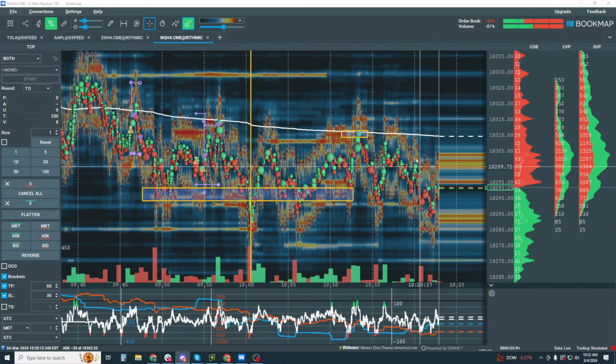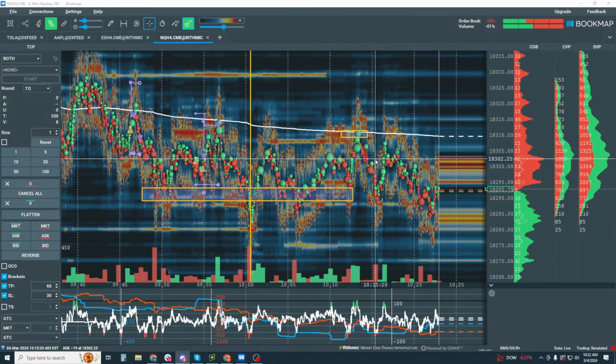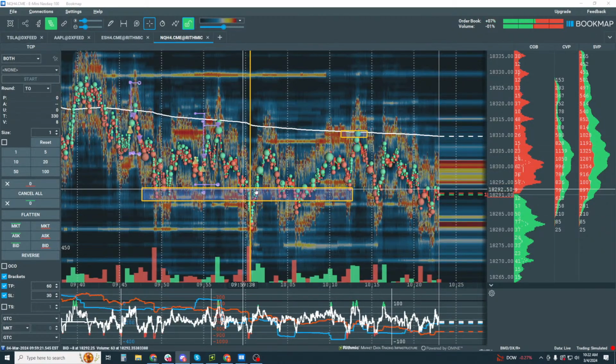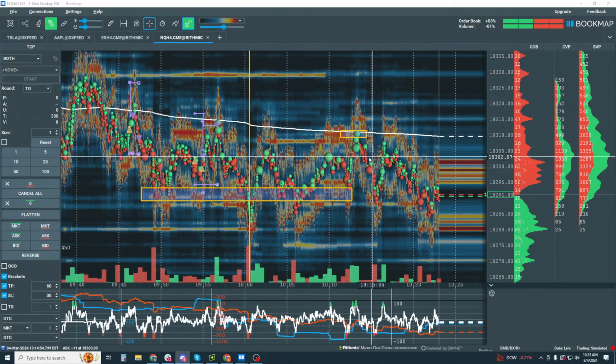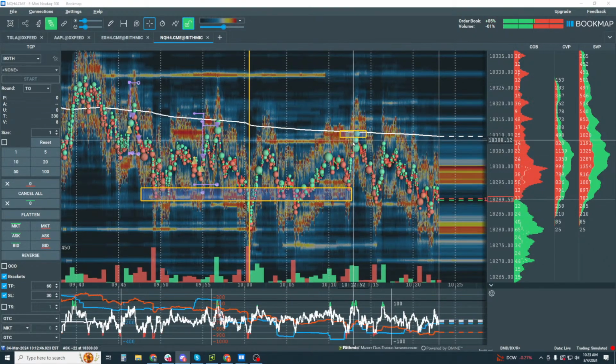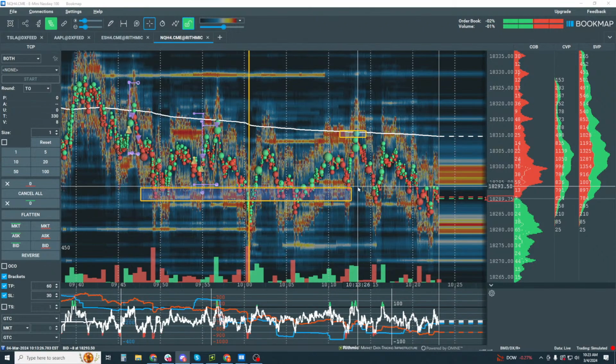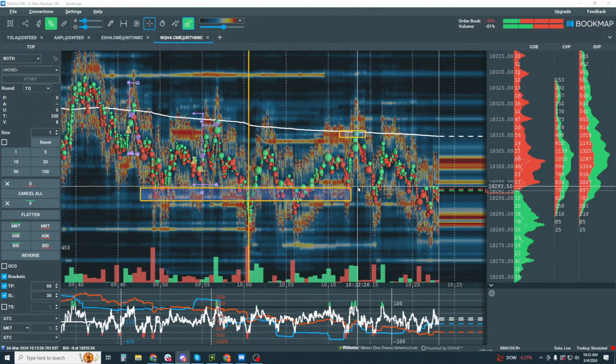Otherwise, you can see we're still in a downtrend here. We're looking for that transition in the reversal, the potential reversal, and it didn't quite give us a reversal. So we're still trending down.